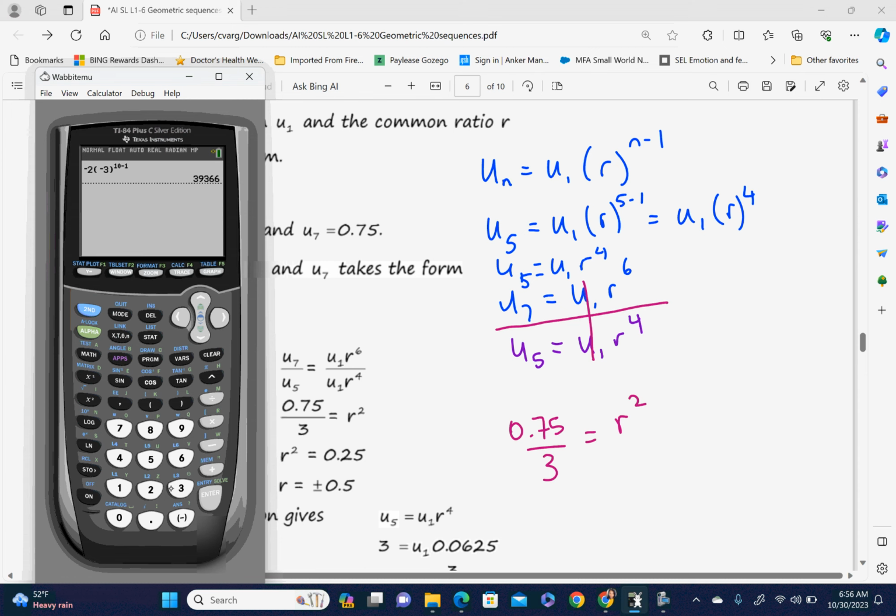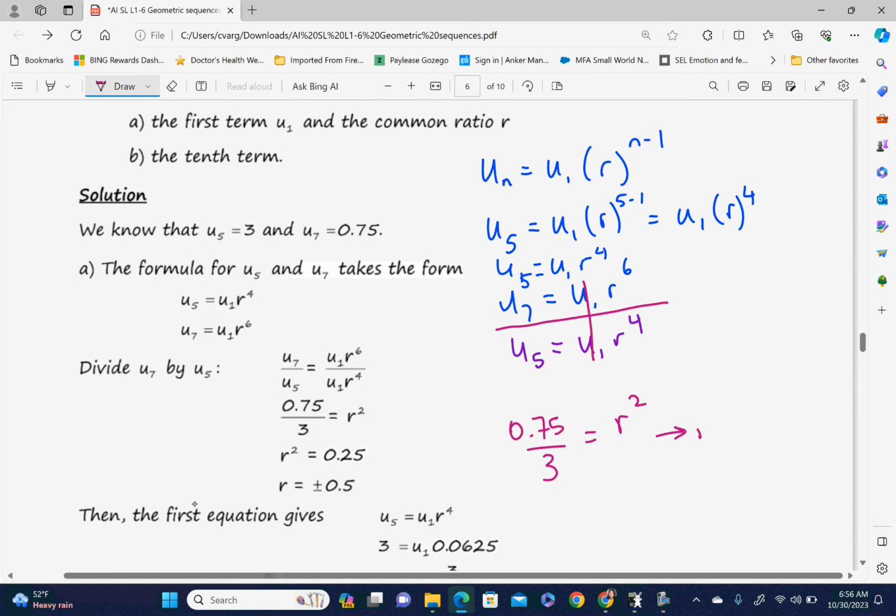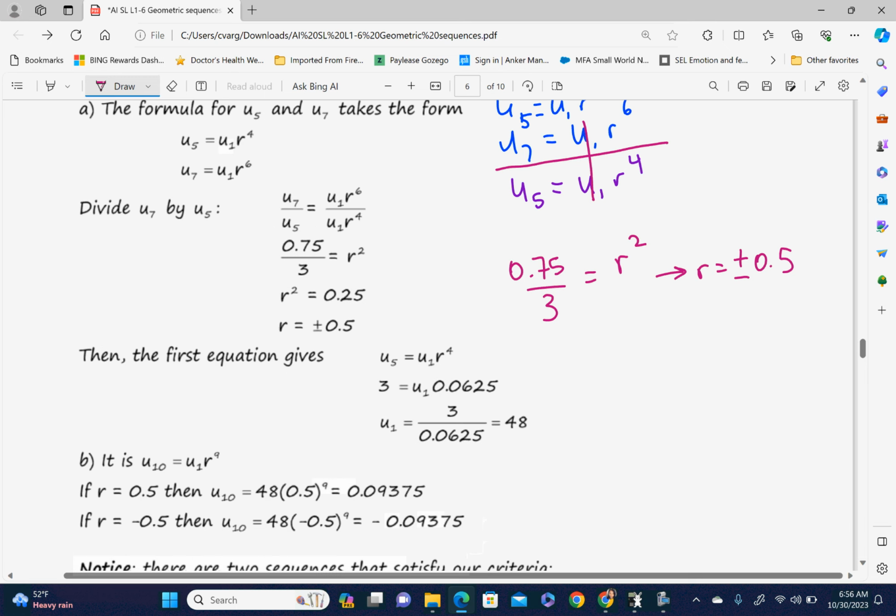So on the top, we're going to put 0.75, and on the bottom, we're going to put a 3. You hit enter and you get 0.5. So r is equal to 0.5, but it is also positive or negative because you have a square root, okay? So now you have the r, and we can use that to find out what U1 is.